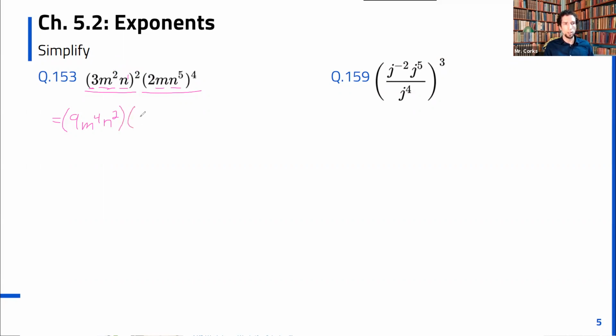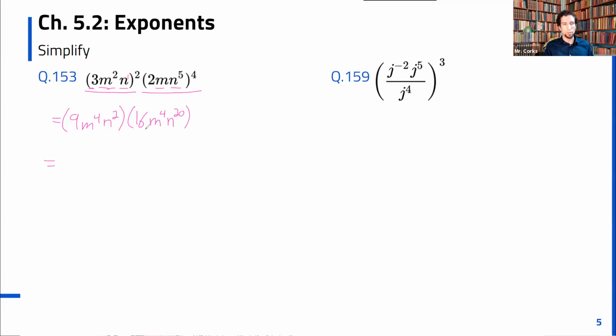And then the other one, we have 2 to the exponent 4. That's 16. We have m to the exponent 1, then times 4, because we have this other exponent. Total is 4 there, and then for n, 5 and 4, multiply them together, give us 20.